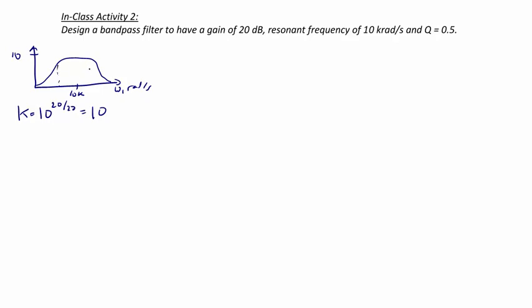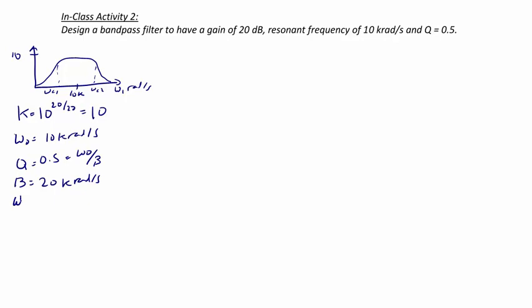And one thing we could find are the cutoff frequencies, omega C1 and omega C2. So K is equal to 10, omega naught is equal to 10 kiloradians per second, and Q is equal to 0.5, which equals omega naught over the bandwidth. So the bandwidth is equal to 20 kiloradians per second.